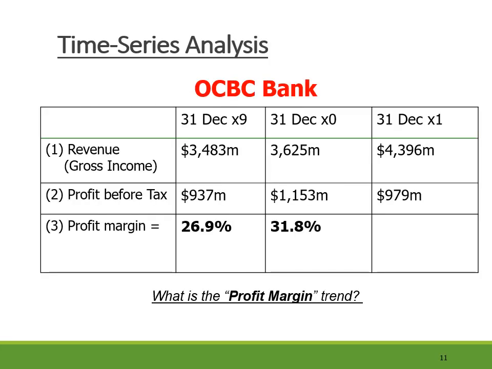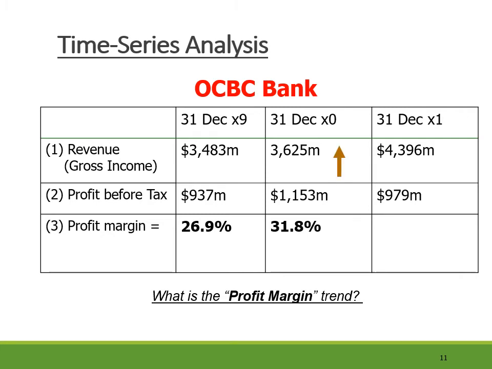Let's look at OCBC here as an example. We have the figures from the years X9, X10, X0, and X1. So basically, you can see from here the revenue, the net profit before tax, and profit margin. So what is the profit margin trend?